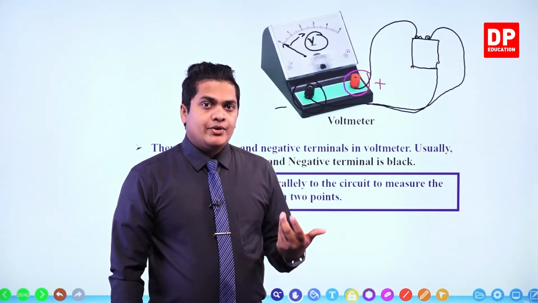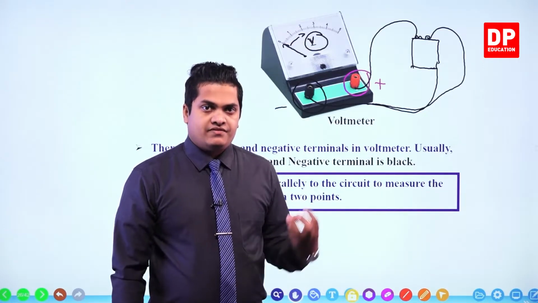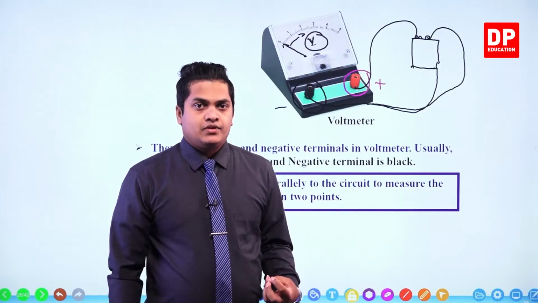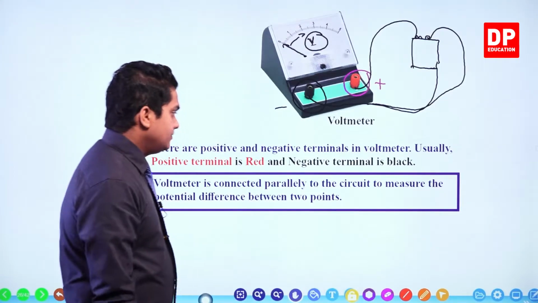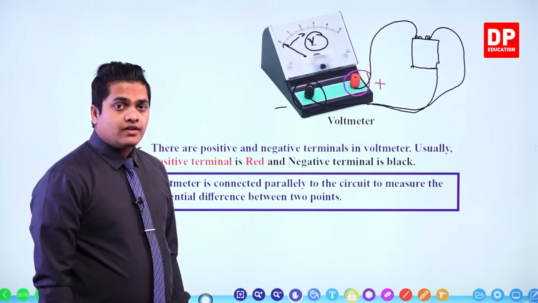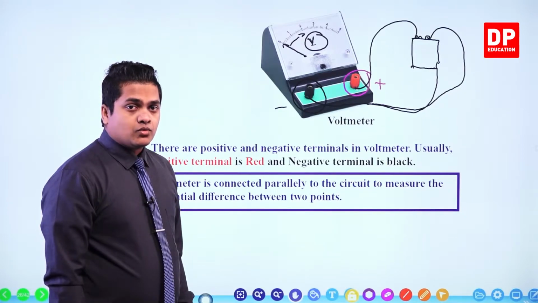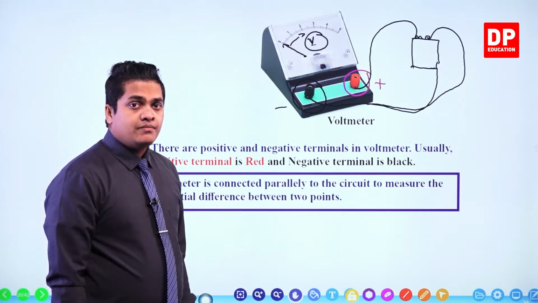So remember to connect it in a proper manner, positive to positive, negative to negative. Always remember, we connect this voltmeter parallel to a circuit, so whatever the electric source, we have to connect it parallelly.